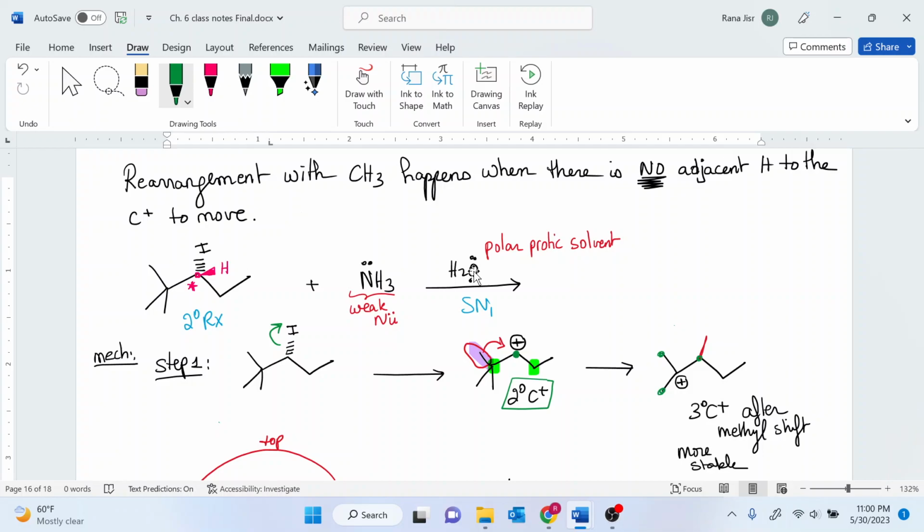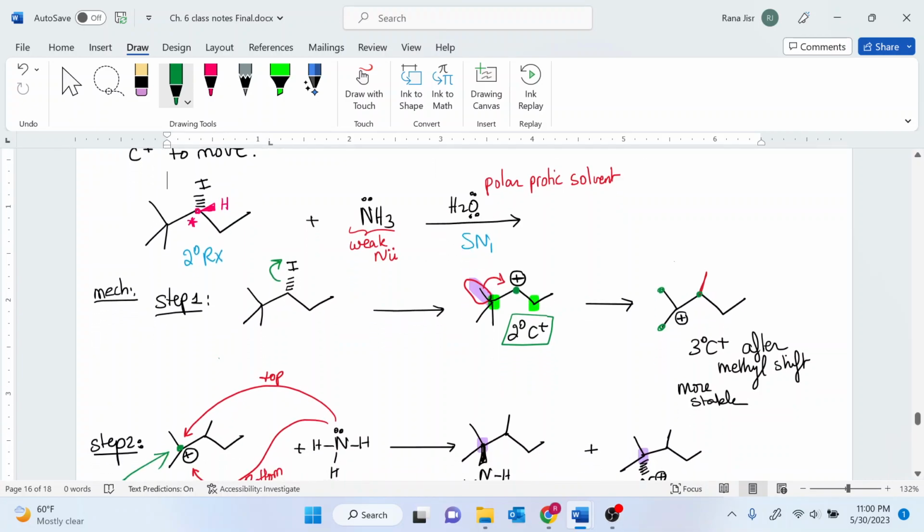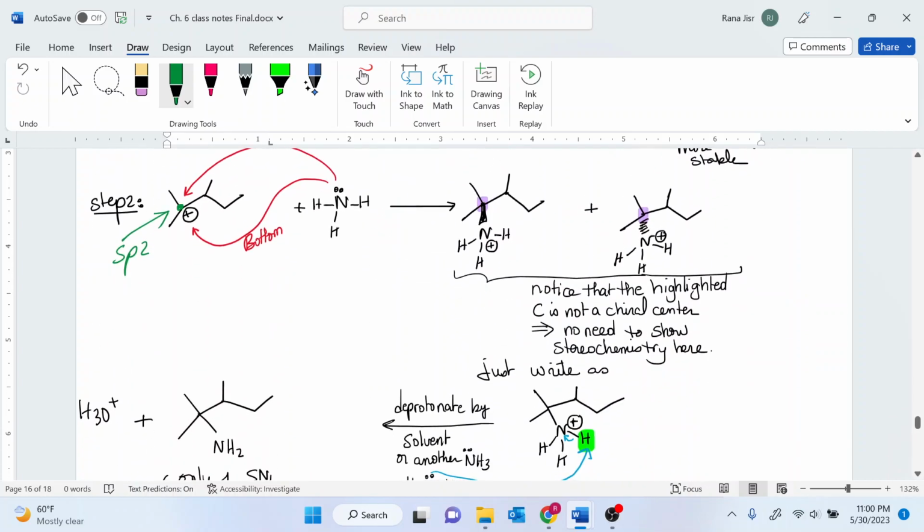So the solvent always acts as a base to take out the extra hydrogen in the solution. The solvent will not appear in the organic product. So your organic product will not have an OH in it. Your organic product will have the nucleophile in it, which is the nucleophile minus the hydrogen. So it's going to be an NH2 in there.